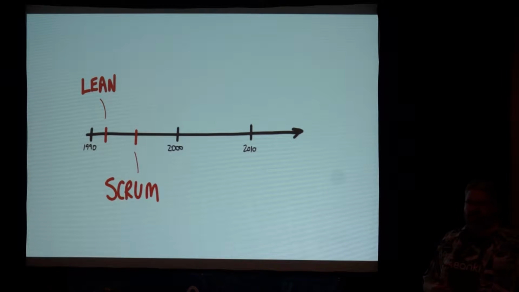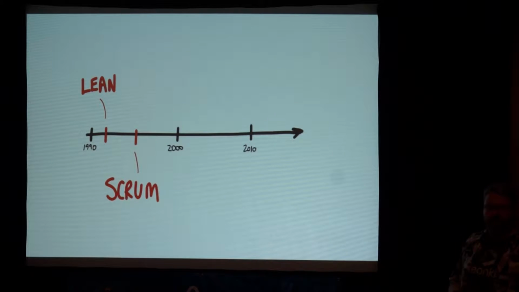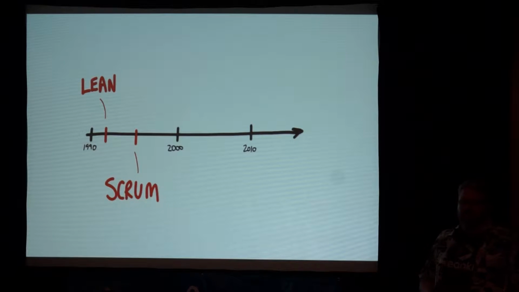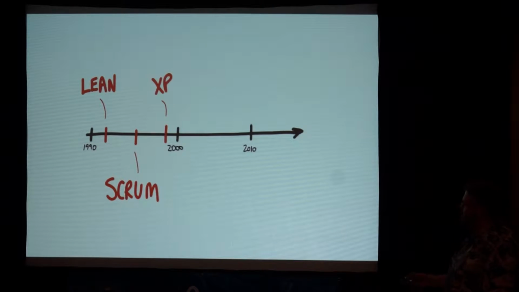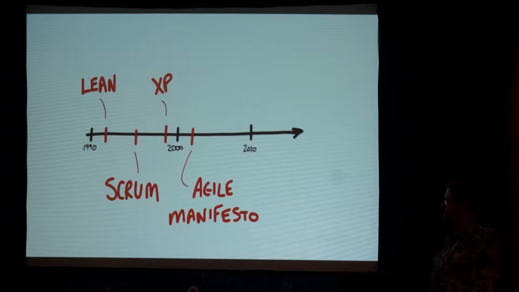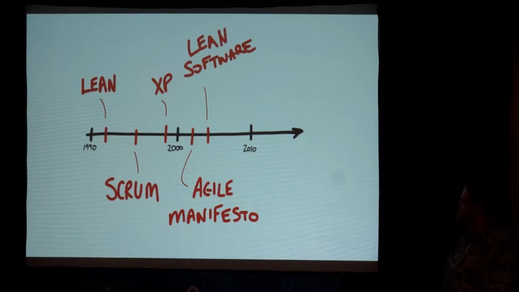They were reading about what was going on in the lean manufacturing world and trying to apply those ideas to software development. And then we have extreme programming, and the Agile Manifesto came out in the early 2000s. And all these guys were coming from manufacturing or manufacturing-influenced backgrounds with these ideas of lean principles.